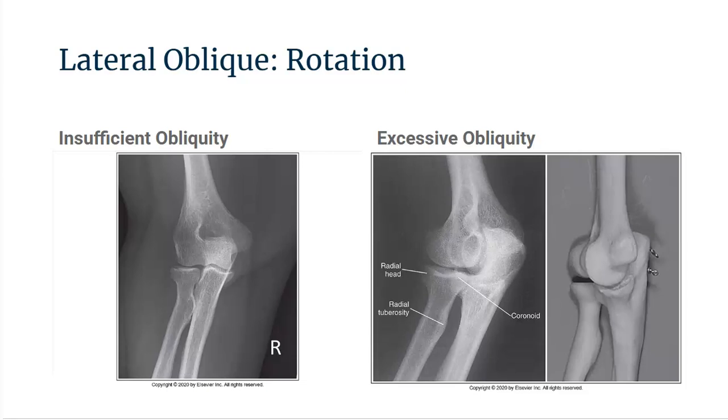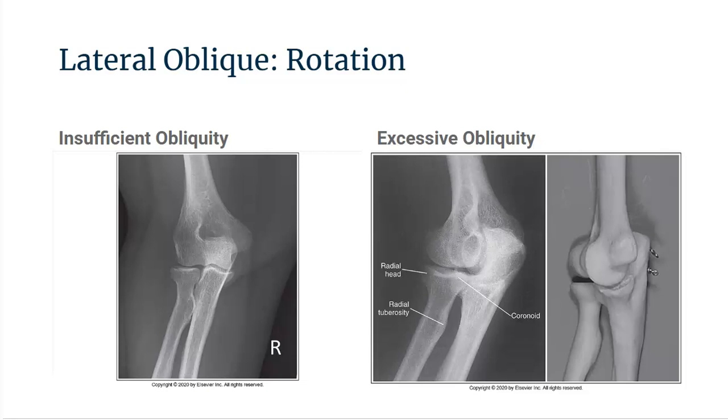On the other hand, if the humeral epicondyles are positioned at more than 45 degrees of obliquity, this is when excessive lateral obliquity occurs. As a result, the coronoid process partially superimposes the radial head, and there is no superimposition between the radial tuberosity and the ulna.